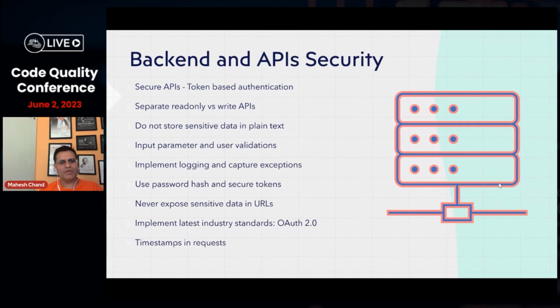Timestamp is important for all requests, even in the backend, so at least you know what time, what user called what API. They are pretty standard. Just make sure you have a checklist of these. So when you are architecting and building these in the software or writing code, see if you have checked all of them.